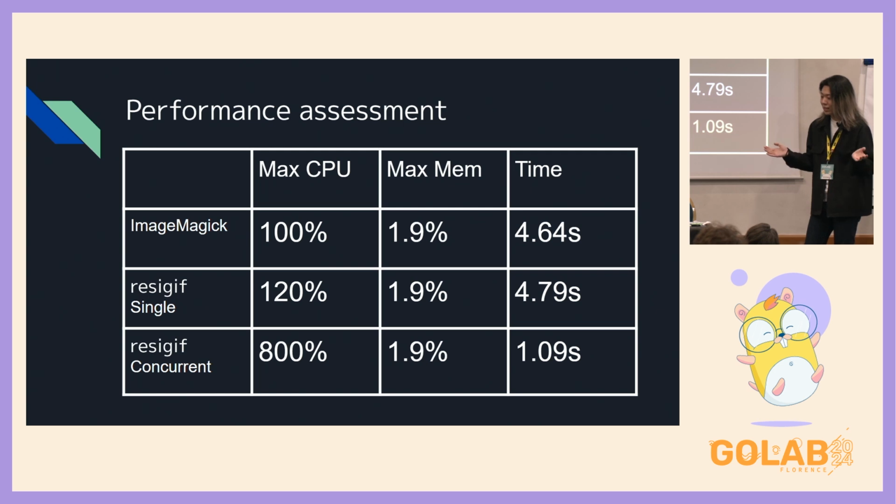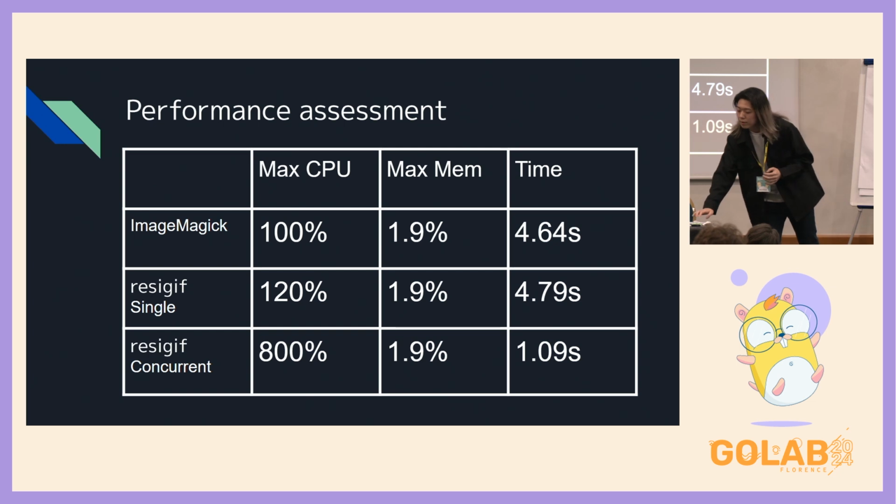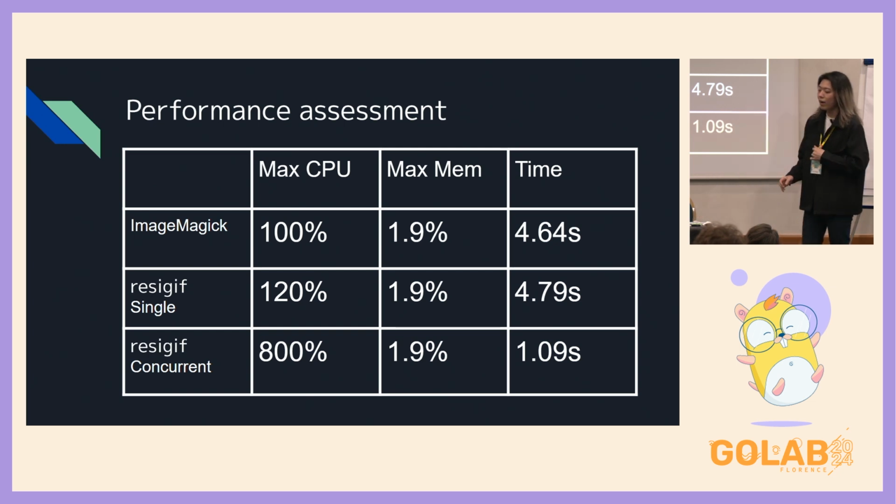Next, take a look at ResizeGIF with concurrent processing. The CPU usage increased by about 8 times due to the use of concurrent processing. So it depicts that ResizeGIF used CPU efficiently, right? The memory usage remained the same, and the processing time was reduced to about 1/4 of the time taken by the ImageMagick approach, making it significantly faster.